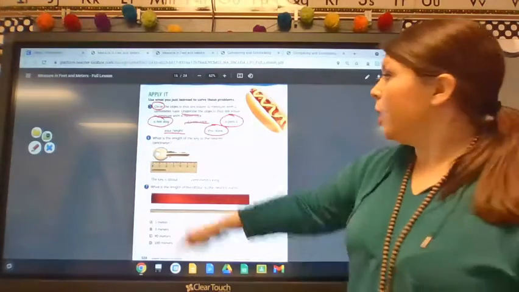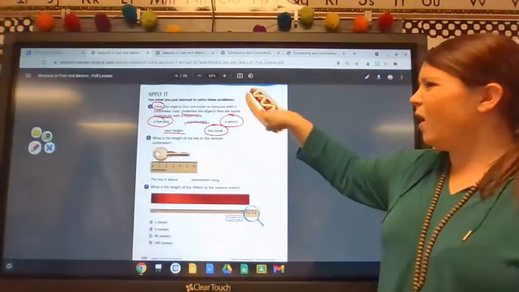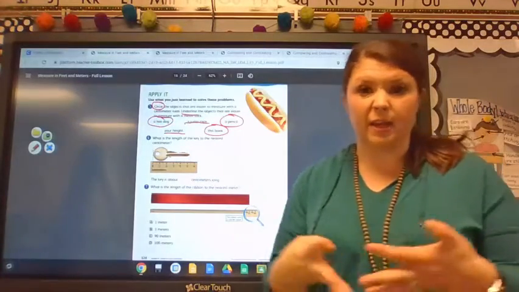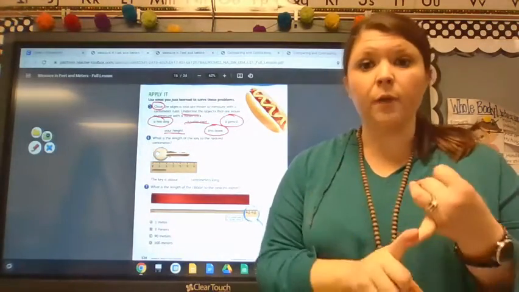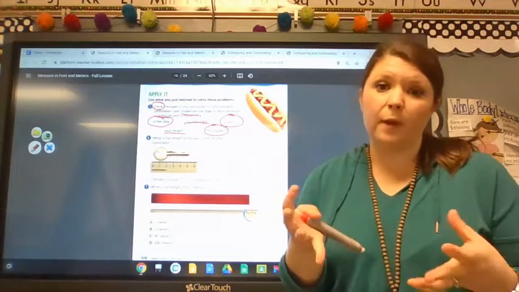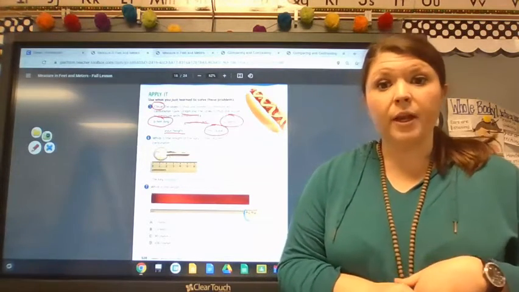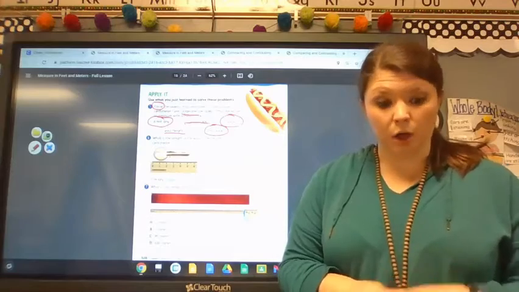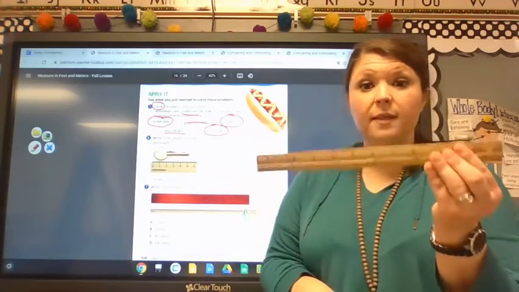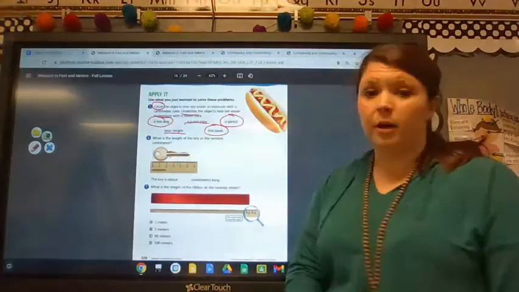Now let's look at the items that we circled, that we said we would measure with a ruler. We have a hot dog, a pencil, and a book. What do all three of those objects have in common? We know that their size is smaller. It is smaller than this ruler, right? What about a jump rope and your height?